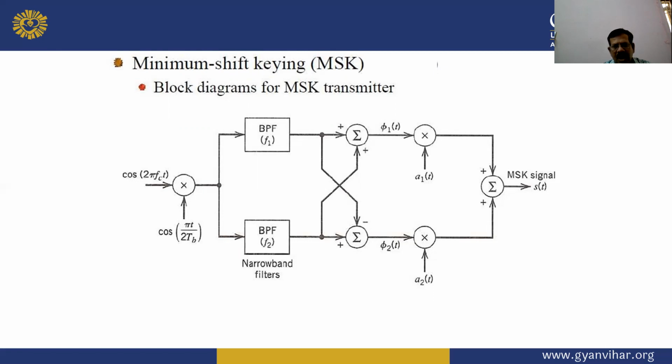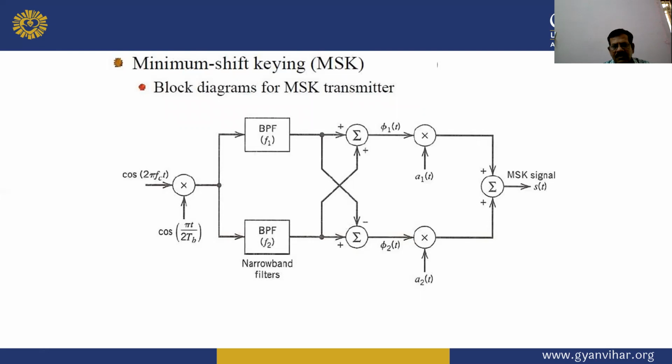And then after the summation, the outputs phi 1(t) and phi 2(t) are multiplied by the alpha 1(t) signal and alpha 2(t) signal in the multiplier networks.